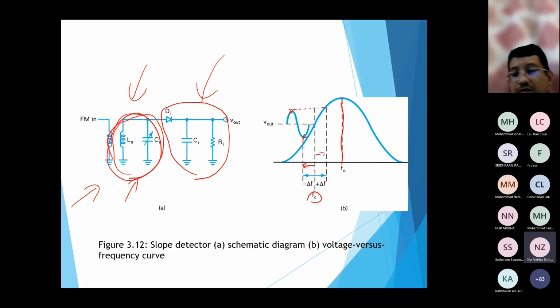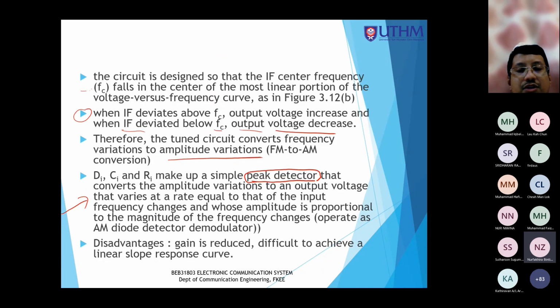Okay. So the peak detector converts the amplitude variation into output voltage that varies at the rate equal to that of the input frequency change. Okay, so this is similar like the AM diode detector that we have learned previously.